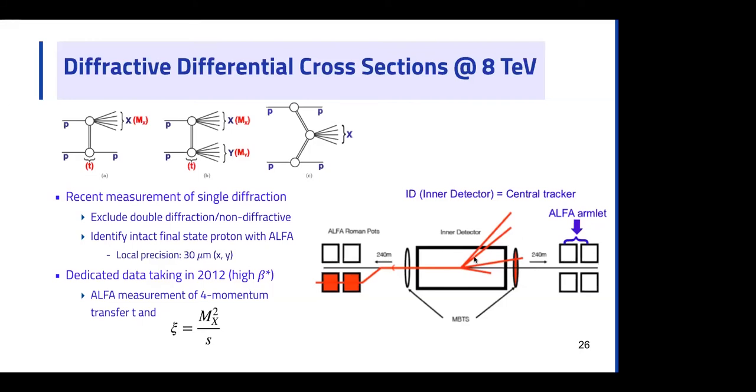So we use data taken in 2012 at high beta star. And in ALFA, we can measure the momentum transfer, that variable t, and also this variable xi, that is the fractional missing mass squared, so the invariant mass that the protons basically left, and that goes into the central detector.